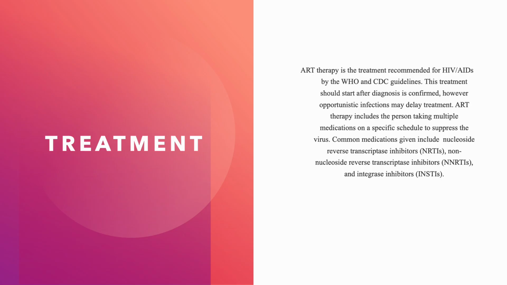So what do we do when we have an infection with HIV or AIDS? ART therapy is the treatment recommended for HIV and AIDS by the WHO and CDC guidelines. This treatment should start after diagnosis is confirmed. However, opportunistic infections may delay treatment. ART therapy includes the person taking multiple medications on a specific schedule to suppress the virus.